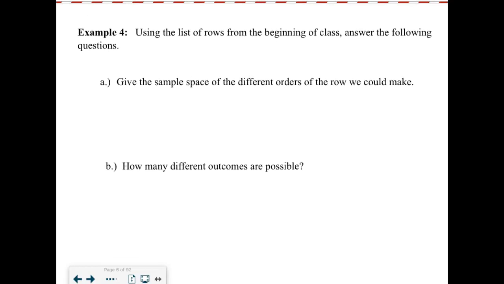Using the list of runners from the beginning of class, answer the following questions. Let's just say this. Alright. How many different orders? Let's see. I could keep A first.